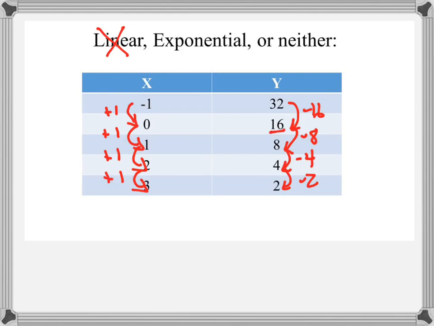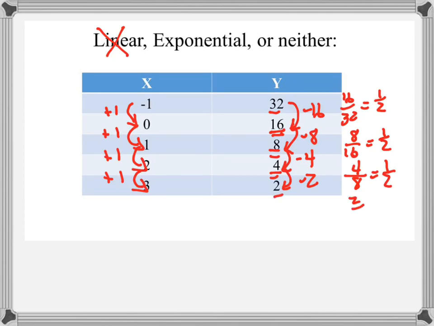If I take 16 and divide it by 32, I get 1/2. 8 divided by 16 is also 1/2. 4 divided by 8 is also 1/2. 2 divided by 4 is also 1/2. So I have a constant ratio, so this is depicting an exponential function.